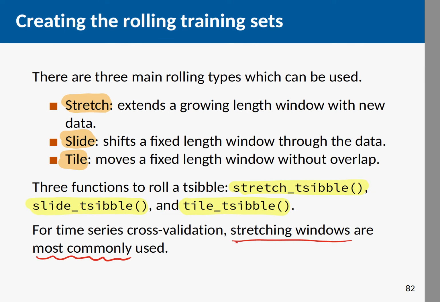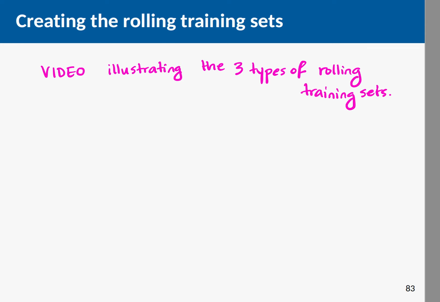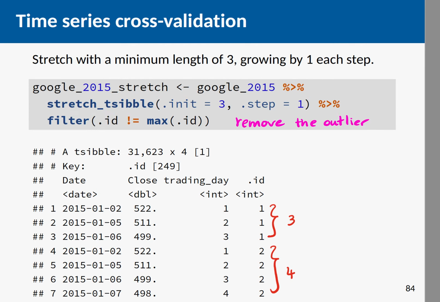So going back, we can take a look at just the stretching rolling window example to illustrate what's going on with financial data.